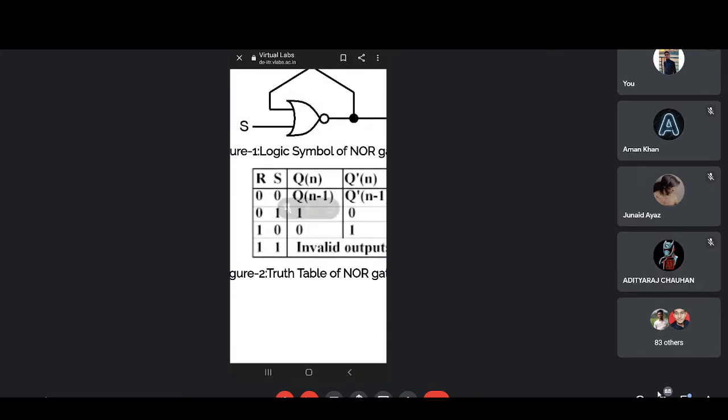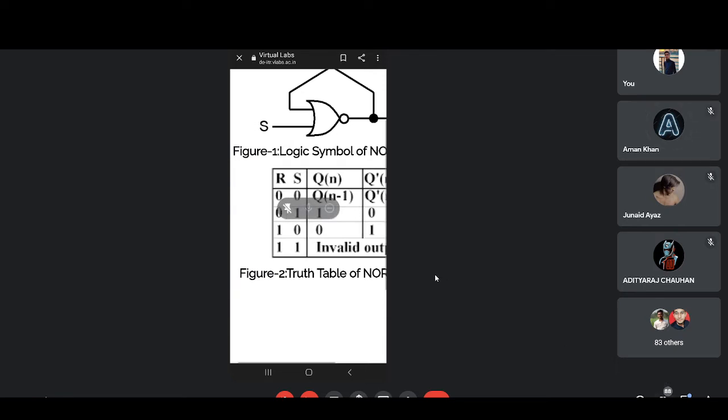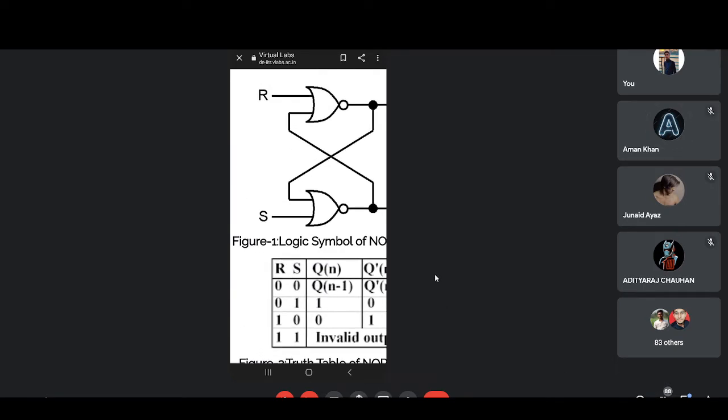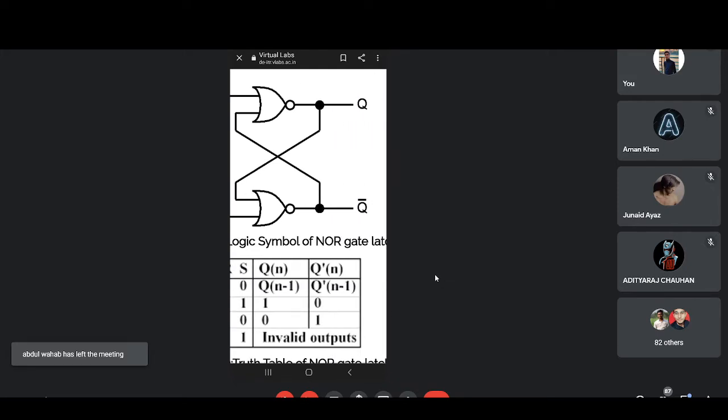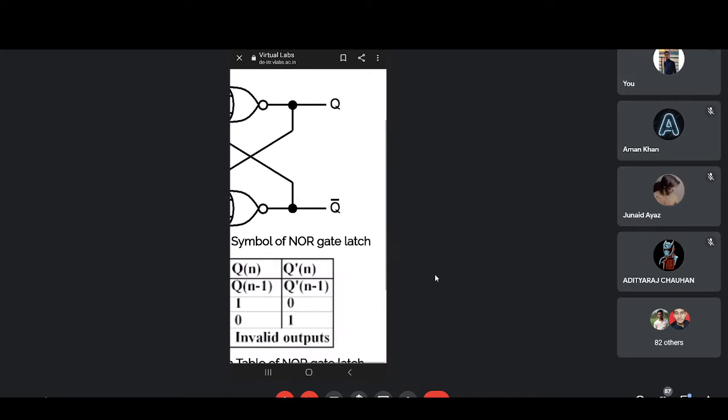Now, if RS is 00, that means both the inputs are 0, then it will retain its initial state. Whatever the output was prior to that will be retained. That is why it is denoted by Qn minus 1, the previous value of the output.